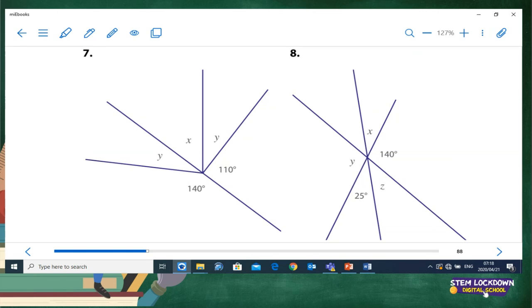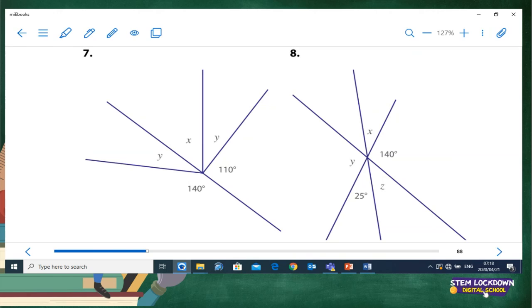We have equally covered vertically opposite angles. And I believe that the two concepts should be able to help you as we move forward with our activities. Vertically opposite angles are equal, and the sum of the angles on a straight line is 180 degrees.